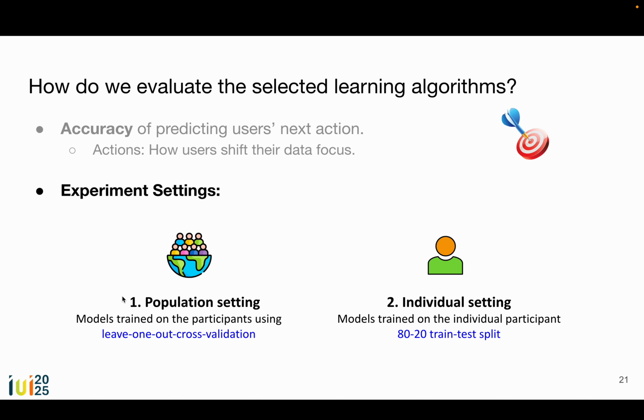One is the population setting, where the models are trained on the participants using leave one out cross validation. And the other one is the individual setting, where the models are trained on the individual participants' first 80% of the data. So we basically use an 80-20 train test split for each individual user.